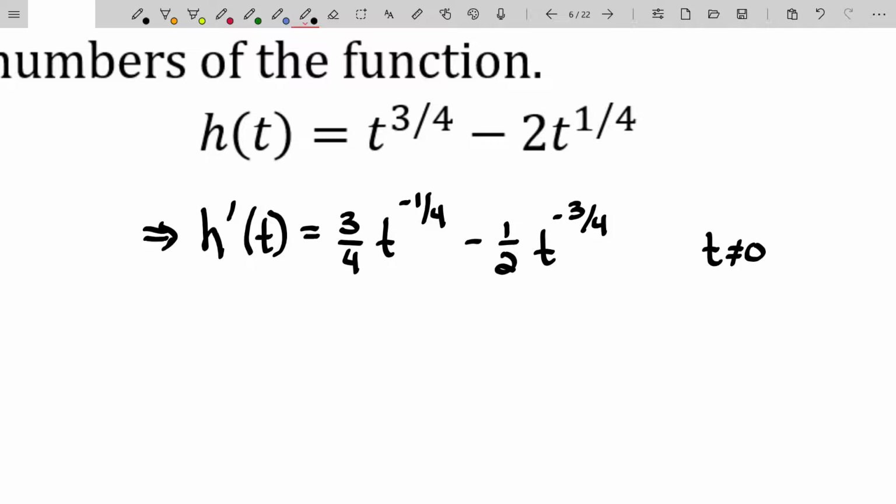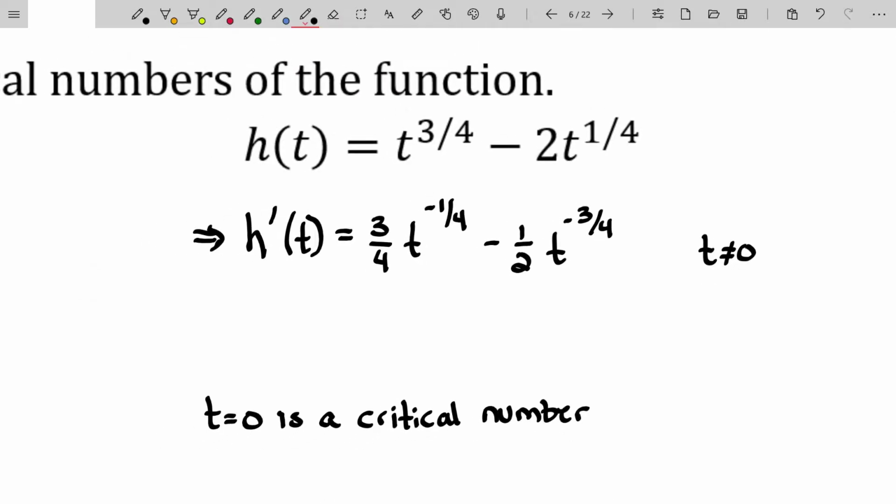The derivative is undefined at 0. So thus t equals 0 is a critical point, or a critical number, if you will. I kind of use those words interchangeably. So if I happen to say critical point and it's just t equals, just know that I mean critical number. I just have a habit of saying critical point. So this is where our derivative does not exist.